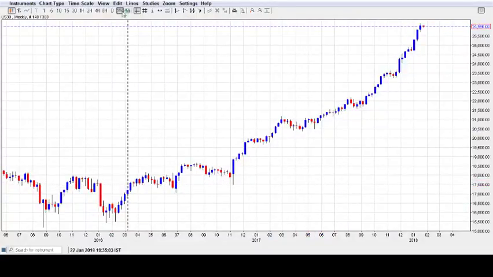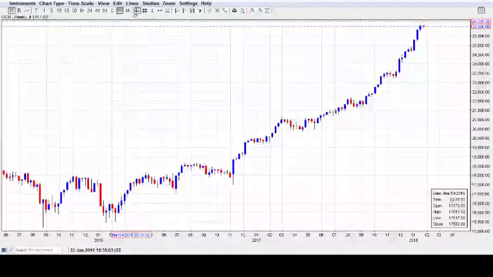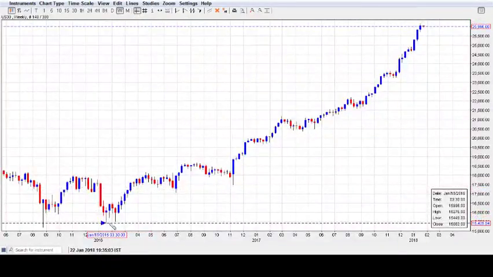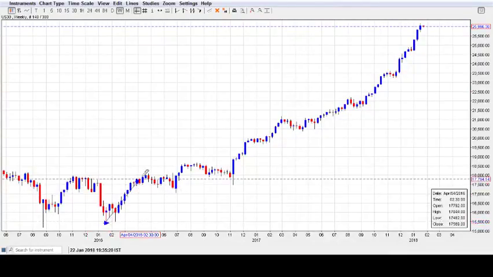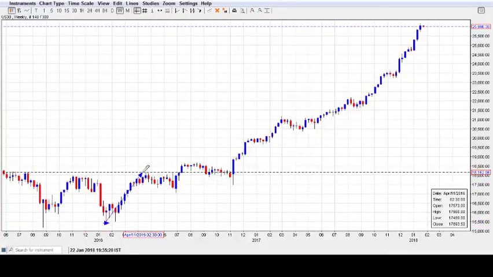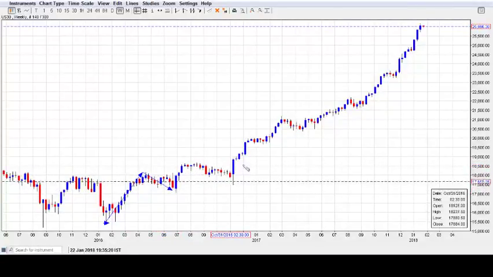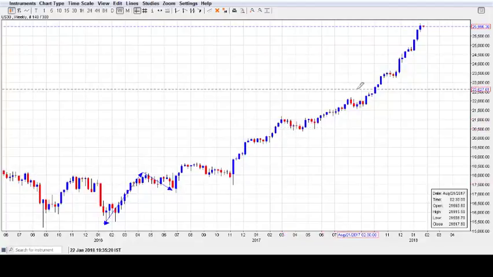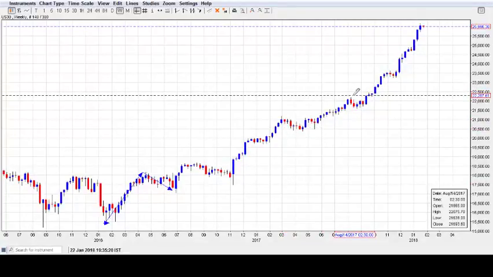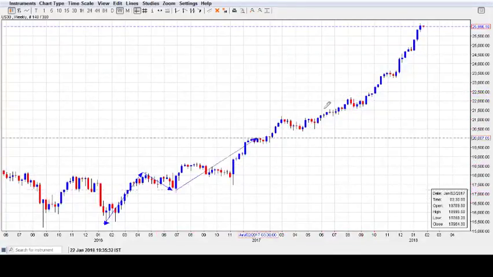Let's do it very quickly here. Just a few seconds. That was the fourth wave of a higher degree. Begins wave 5 here, wave 1, wave 2, and then 1, 2, 3, 4, and 5. Okay, that is the third wave.